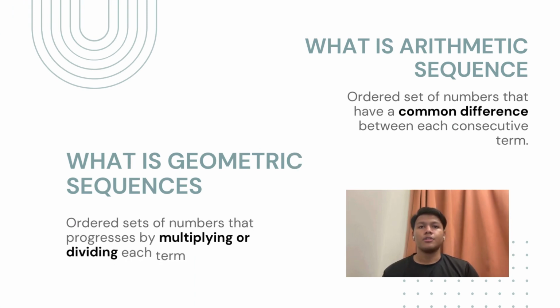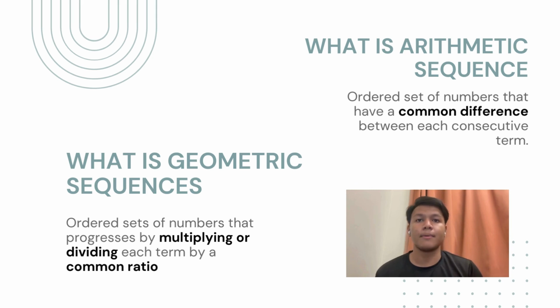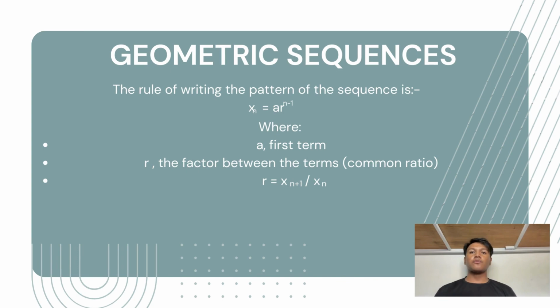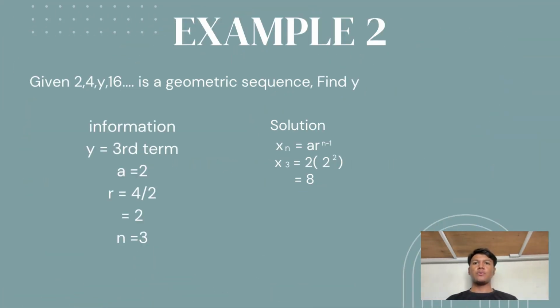Geometric sequence. A geometric sequence is an ordered set of numbers that progresses by multiplying or dividing each term by a common ratio. The rule of writing the pattern of the sequence is xn equals a r to the power of n minus 1, where a is the first term, r is the factor between the terms, which means common ratio, and the formula of r is xn plus 1 over xn. For example 2, given 2, 4, y and 16 is a geometric sequence.